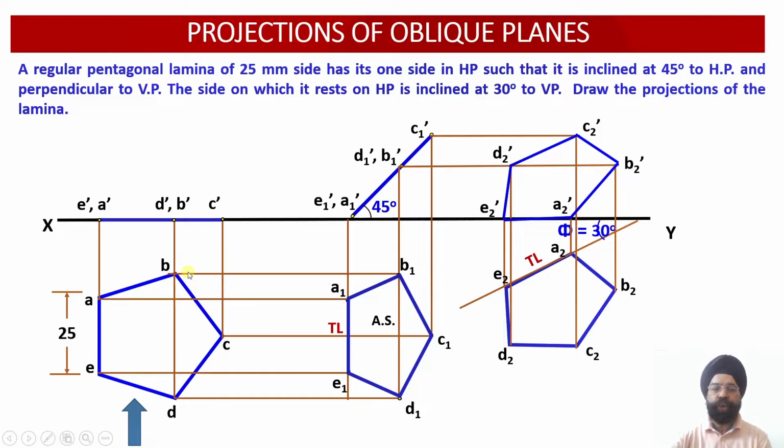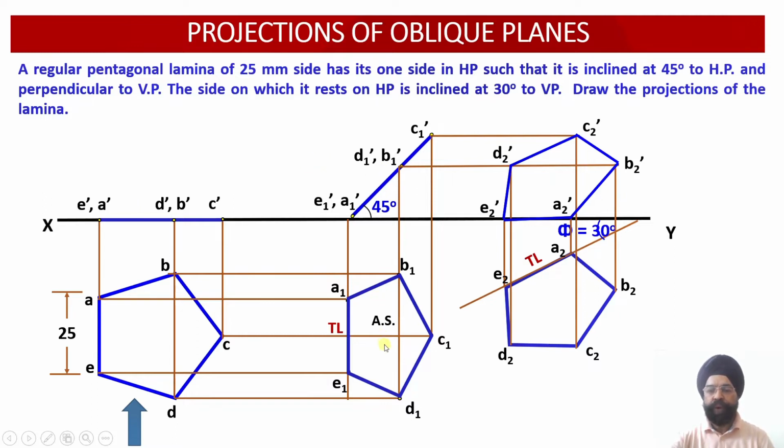And please make sure that this orientation is correct. If you are not able to select this orientation properly, the entire question will go wrong. So again I repeat, step number 1, you have to draw the true shape below the XY line. Step number 2, you draw the edge view. Step number 3 is the rotation or the translation of this edge view of the front view.